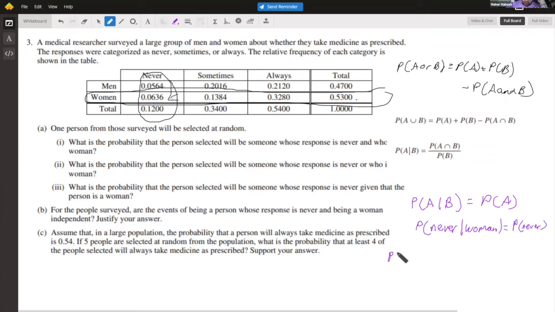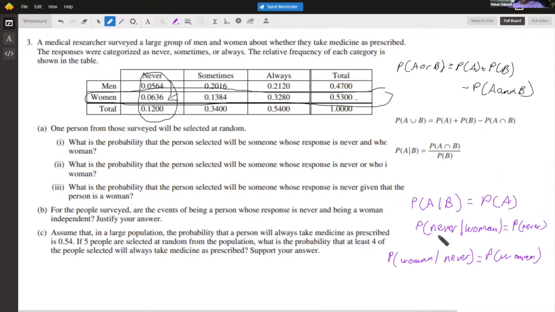Alternatively, we could do the probability that they are a woman given that they said never, and that should be the same probability as being a woman. Now let's go ahead and try it.